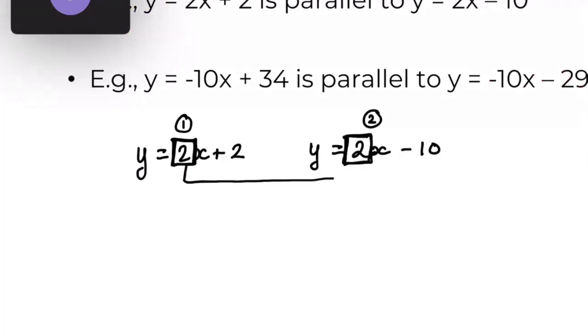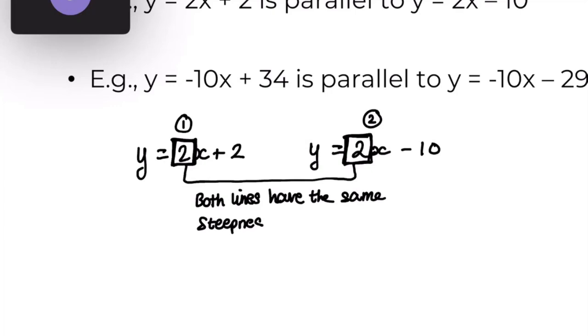Both of these lines have the same steepness, that means that both of these lines are parallel. So both lines have the same steepness, or the same gradient. Therefore, they are both parallel.